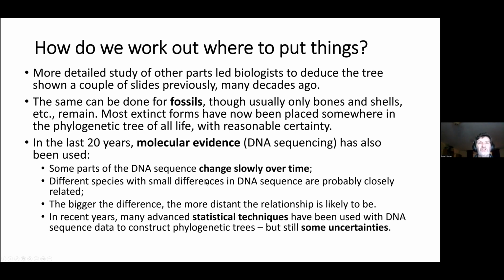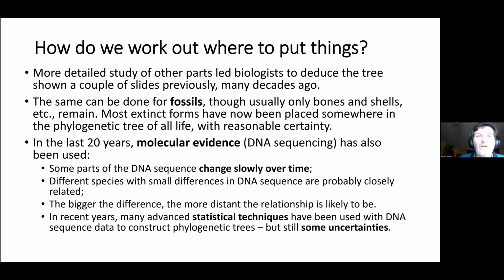So different species with very small differences in DNA are probably closely related to each other, whereas ones with big differences in their DNA sequence are probably more distantly related and separated from each other a very long time ago. And basically, this is the idea that's been used to refine these relationships and this tree of life over the last 20 years or so.